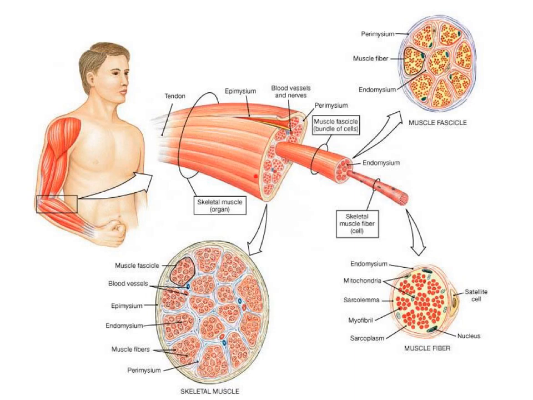And so the entire muscle is composed of all these muscle fascicles, and it is surrounded by an epimysium. So the epimysium surrounds the entire muscle. The perimysium surrounds each fascicle, and the endomysium would surround each muscle cell.